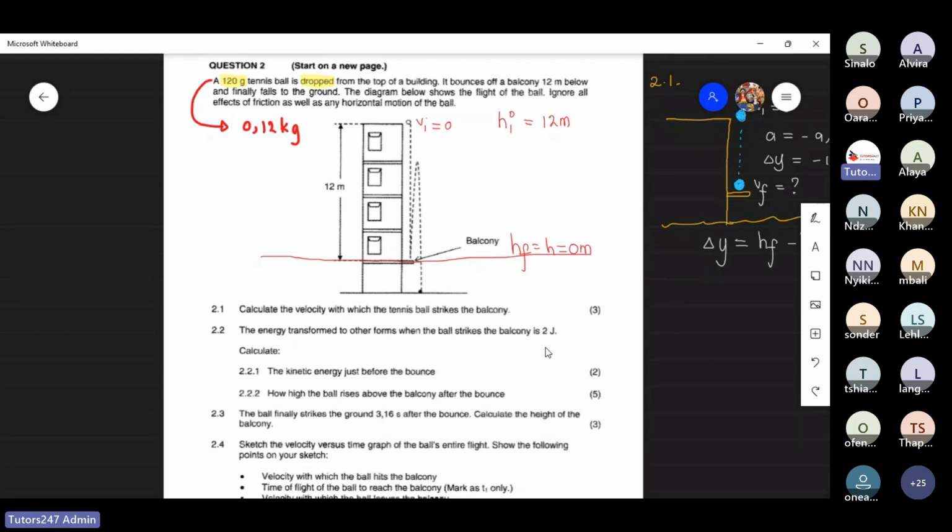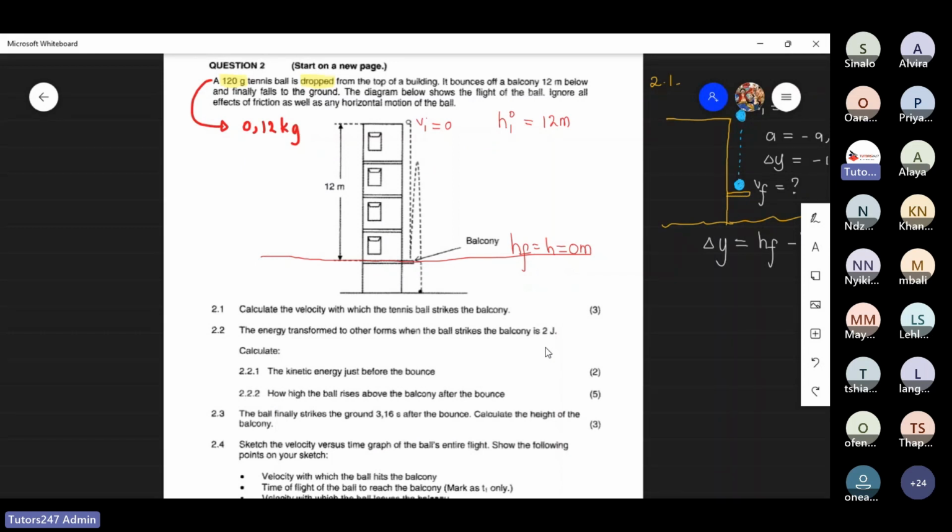Let's say, for example, you're climbing up the side of the building and you fall and you hurt your leg. You're not going to be able to climb as high as you previously did. Why? Because you have an injury. So it's kind of a similar situation with this. The object was dropped, hit the balcony, and lost 2 joules. So it was injured in a sense. That is why it was unable to reach the exact same height from which it was dropped.